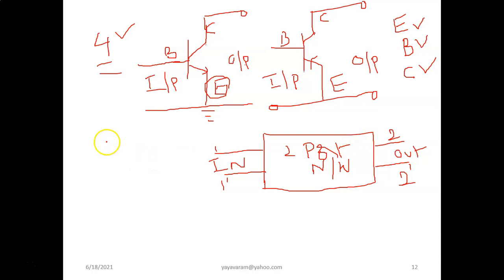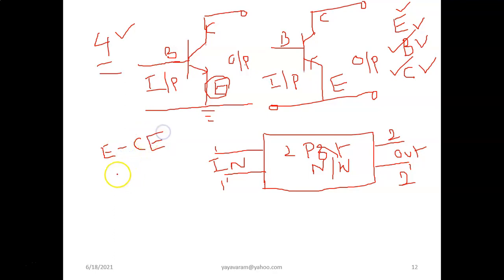Because it has 3 terminals, I can't say that I use only emitter or base. Some people may say, why should we not use base? Why should we not use collector? Therefore, I may use emitter as common to both input and output at one time. Then it will become common emitter configuration.